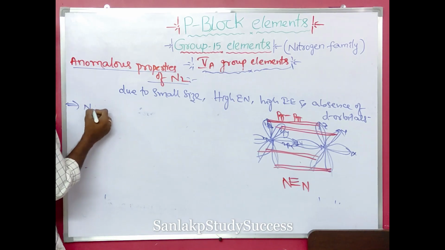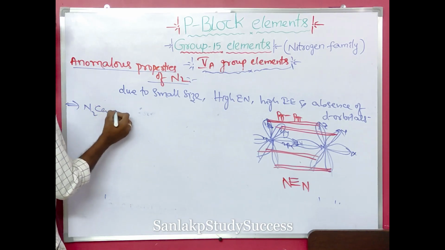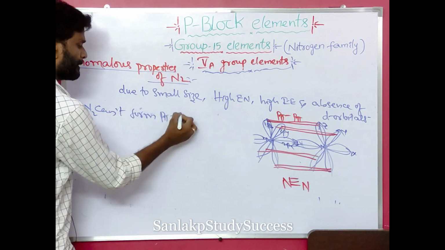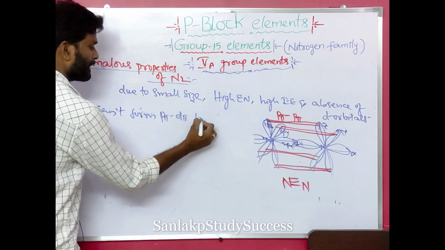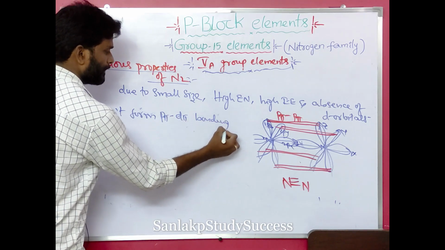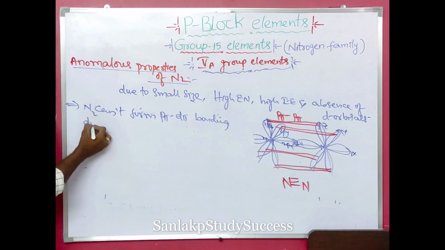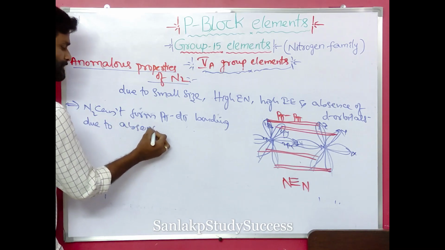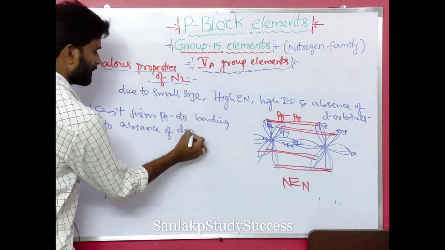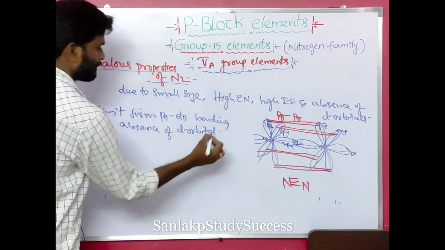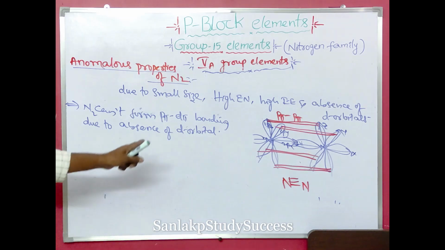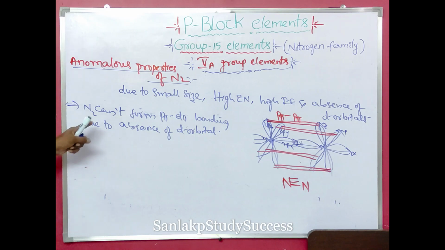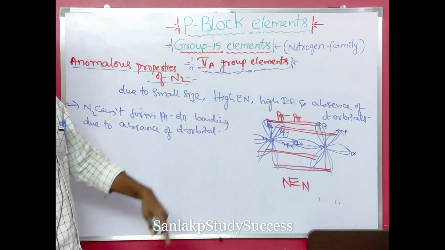Nitrogen, N2, cannot form p-pi d-pi bonding due to the absence of d orbitals. So nitrogen can form only p-pi bonding. It cannot form p-pi d-pi bonding due to the absence of d orbitals.